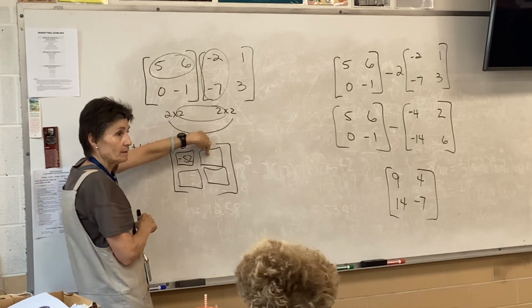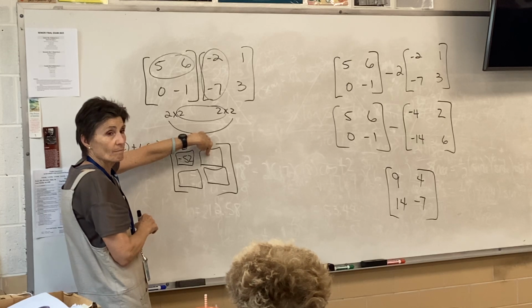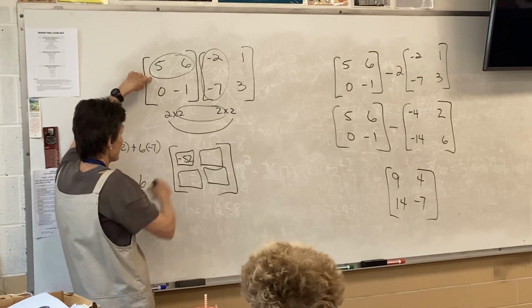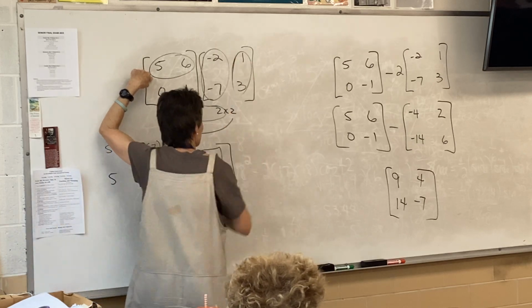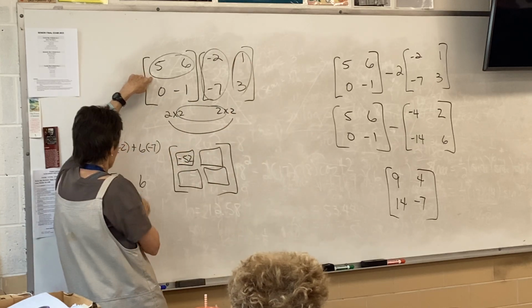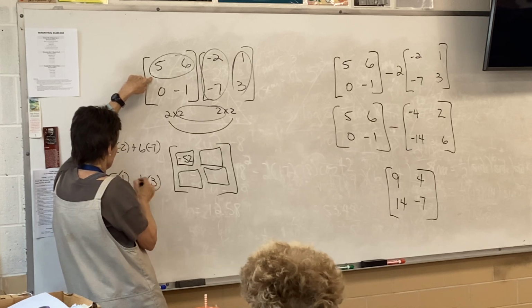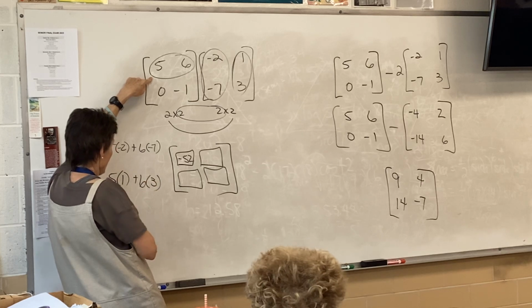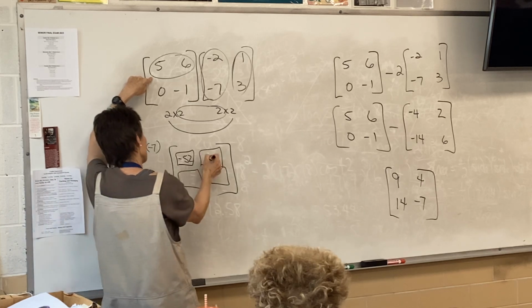How do I do this one? The first row, so still the 5 and the 6, but now the second column, so 1 and 3. So you multiply each pair and then add them up. So what is that, 23?